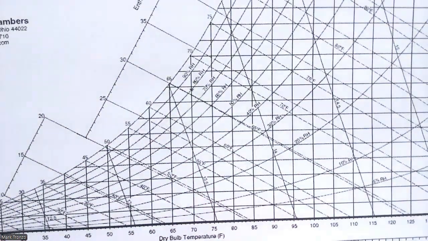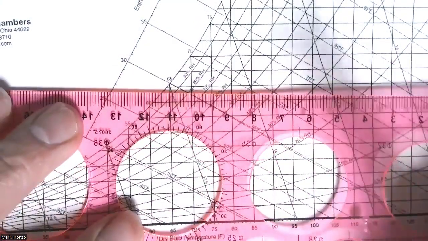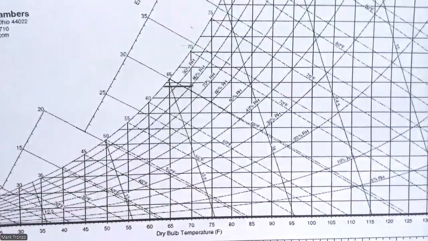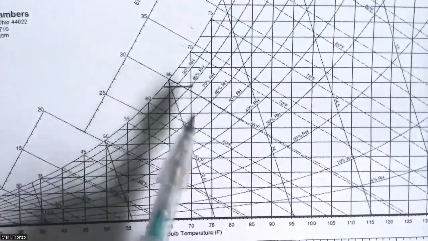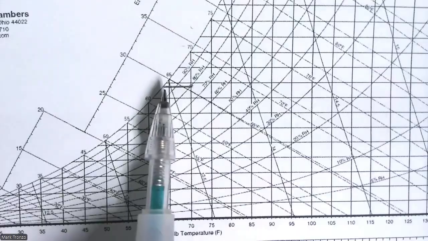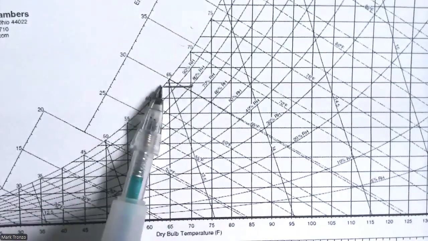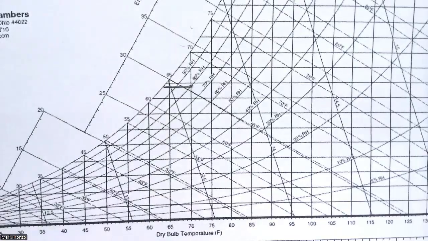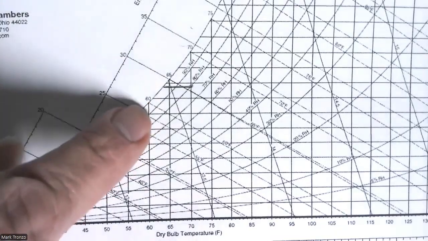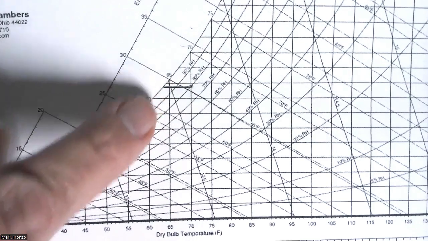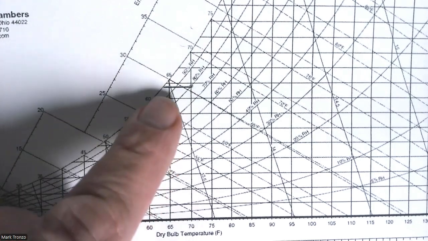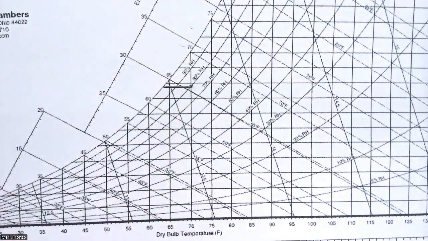And then it's going to be cooled. So that means we're going to just go to the left until we hit the saturation line. And then we continue to cool. Notice we hit the saturation line at about between 60 and 65 degrees, maybe about 63 degrees.